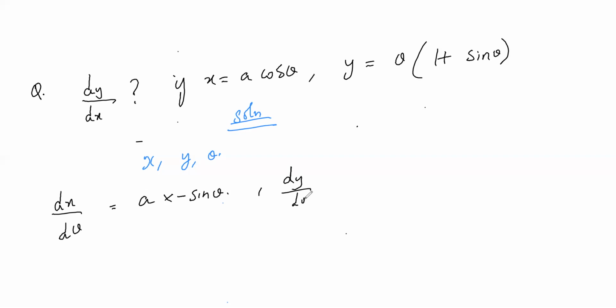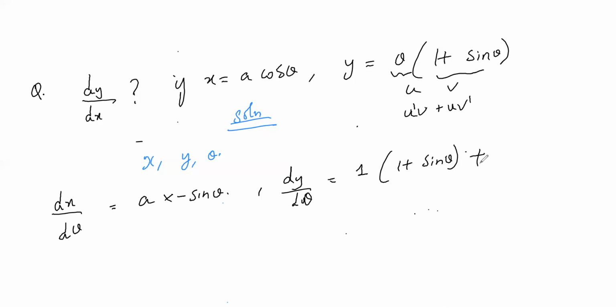So this either I can do it as UV rule. If I take it as UV rule, first is theta, I'll keep it as u dash v plus uv dash. So differentiation of theta with respect to theta is what? 1. Correct? Then write the v term just like that, 1 plus sine theta.